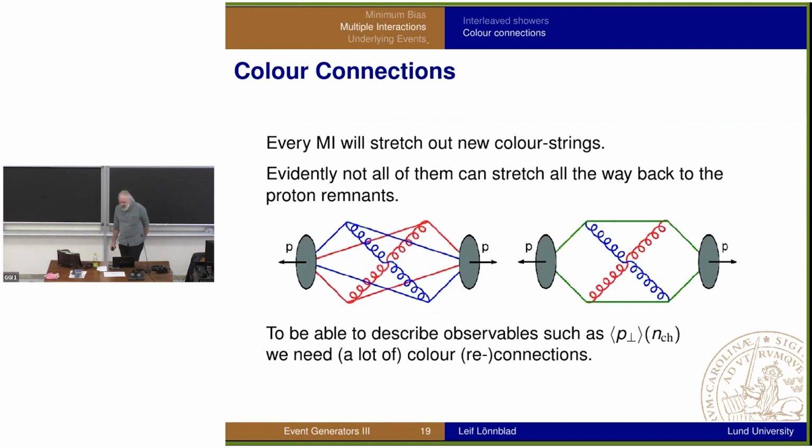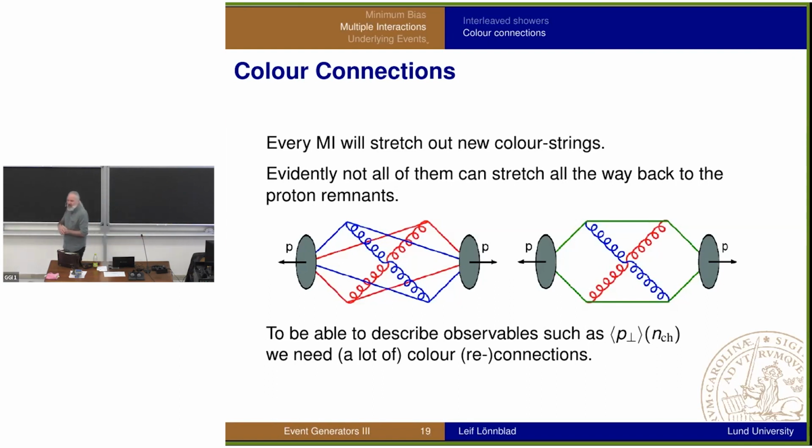Okay, now comes something else which we need to worry about when we have more than one scattering. And that is colors. And colors is a bitch. No, I'm not joking. We need to always keep track of all colors.